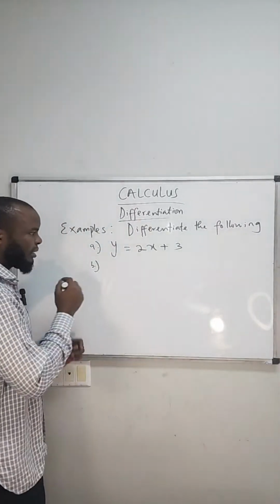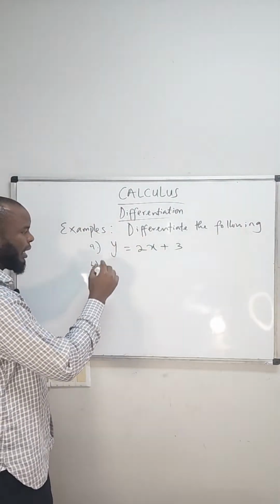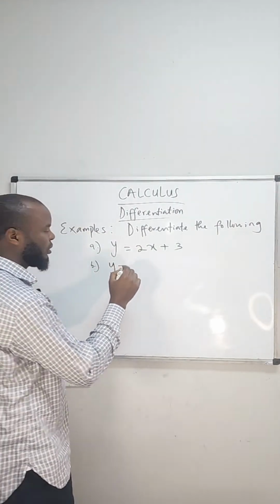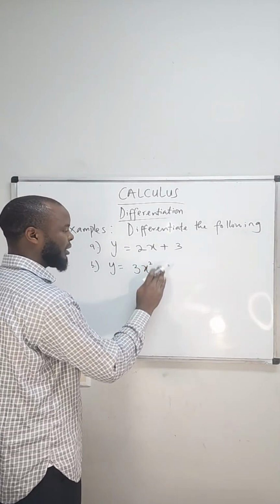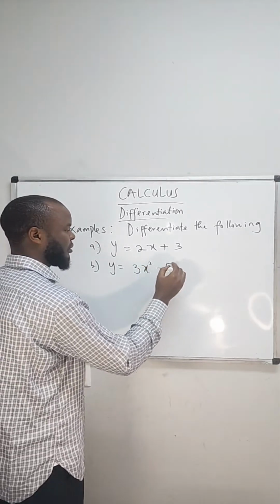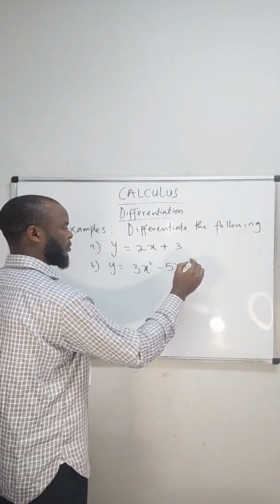Now, for part B, here I have y equals 3x squared minus 5x plus 100.